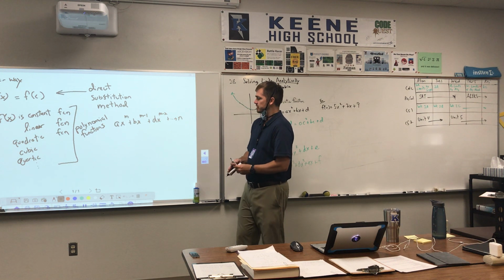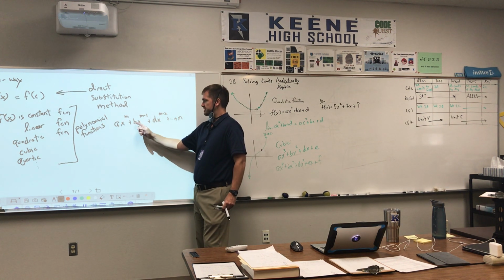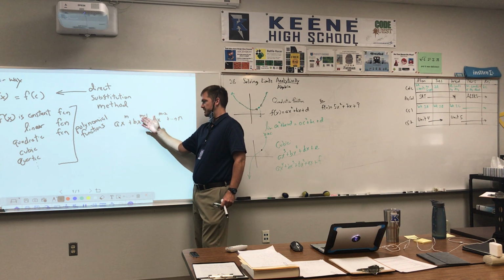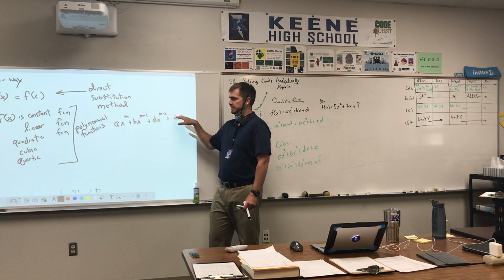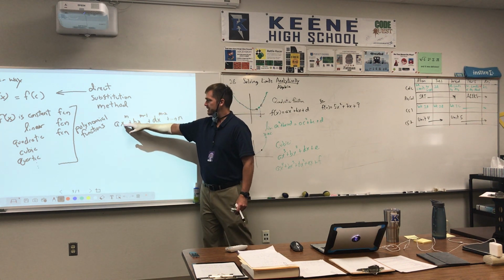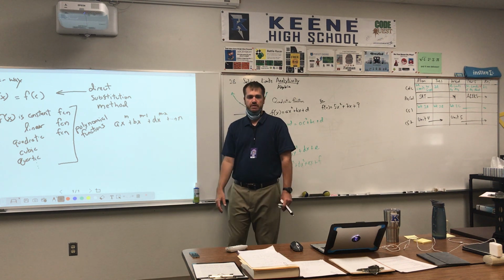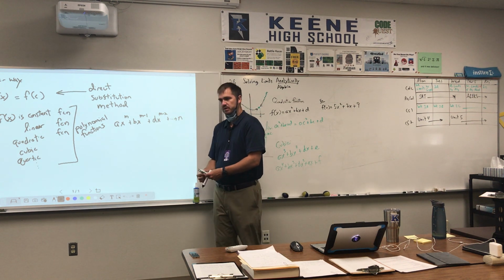So it could be 50x to the 20th plus 17x to the 9th plus, see what I'm saying? Anything that's a polynomial that has pluses and minuses and the x is to a certain power, the direct substitution method will work. Okay?